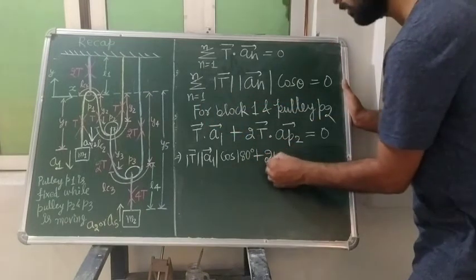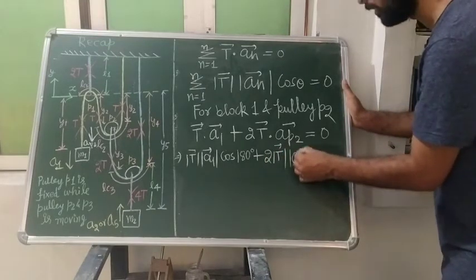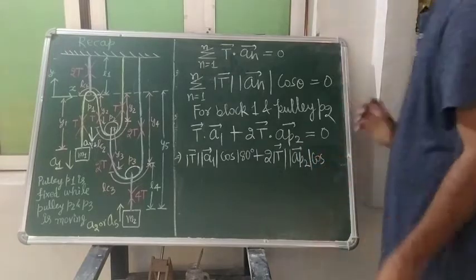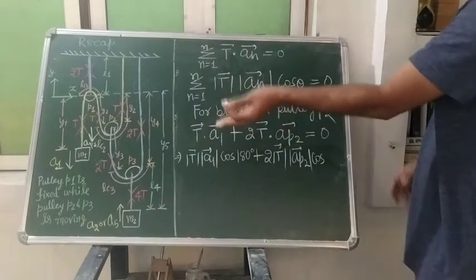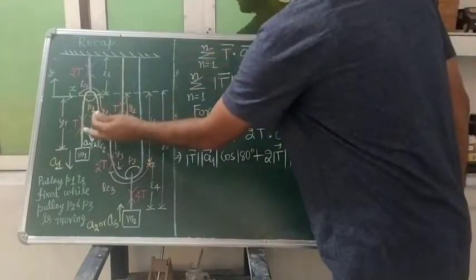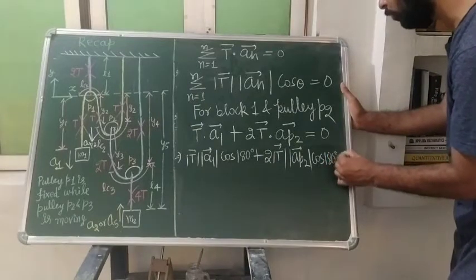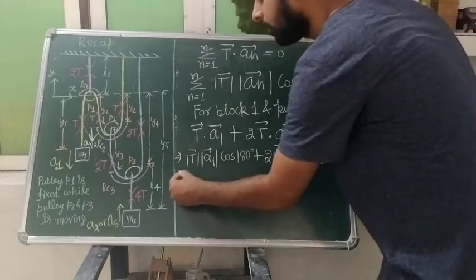And here too, the magnitude of the tension vector T and the magnitude of the acceleration vector AP2, times cos theta. That acceleration we have assumed downside, tension is acting upside, and tension is 2T present for the pulley. So this cos 180 degrees should be equal to 0. So cos 180 should be what? Minus 1.